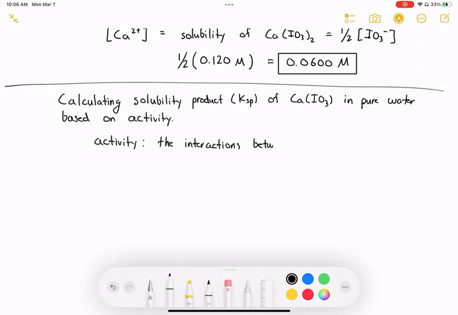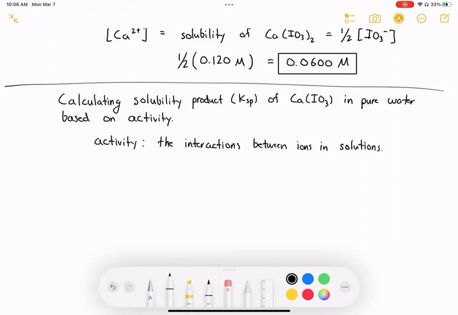So if there's any chemistry majors out there, you might learn more about activity when you take physical chemistry or analytical chemistry. You'll definitely talk about what activities are. So it takes into account the interactions between ions in solution. When we say ions, they just behave by themselves, surrounded by water molecules, that is not the case.